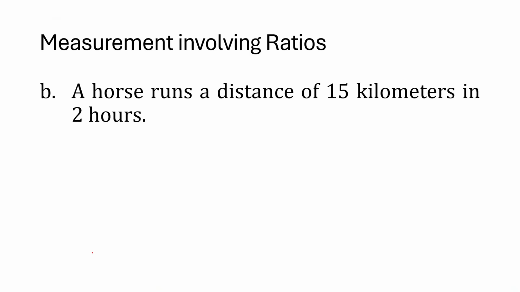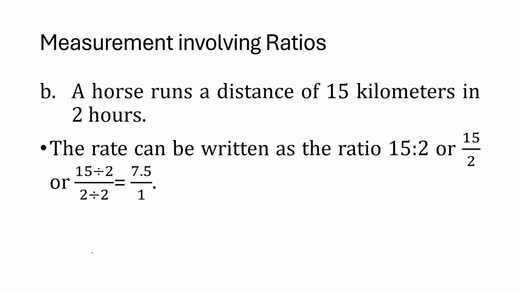Next, a horse runs a distance of 15 kilometers in 2 hours. So the rate can be written as the ratio 15 is to 2, or in fraction form, 15 over 2. So we should divide them directly.